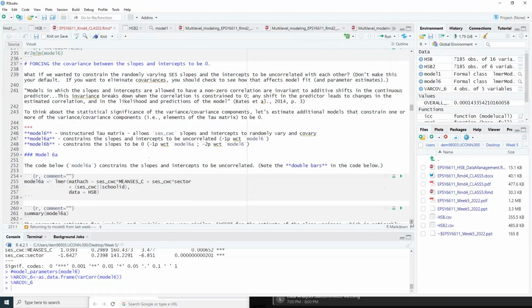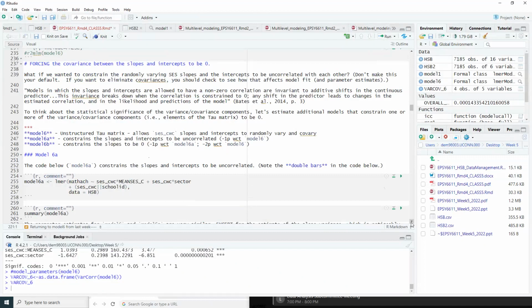Depending on how you center your variables, a model with a covariance constrained to zero does not necessarily give you equivalent models. That's not true, by the way, if you don't constrain it to be zero. So that's a good reason not to default to constraining those covariances to zero. Does that make sense? Kind of?